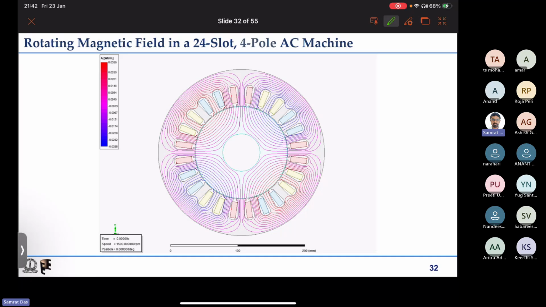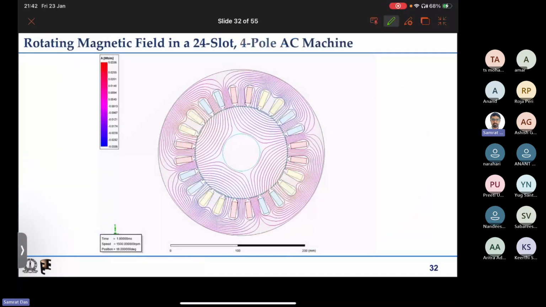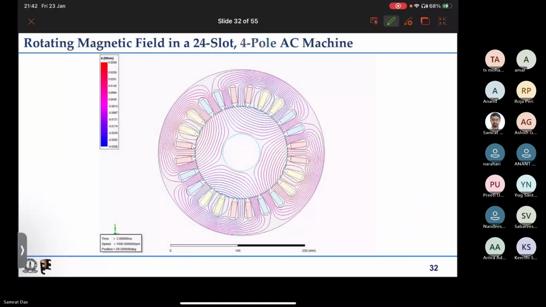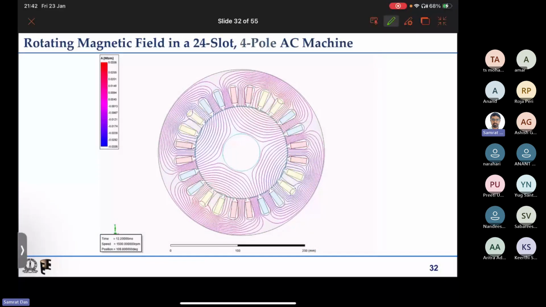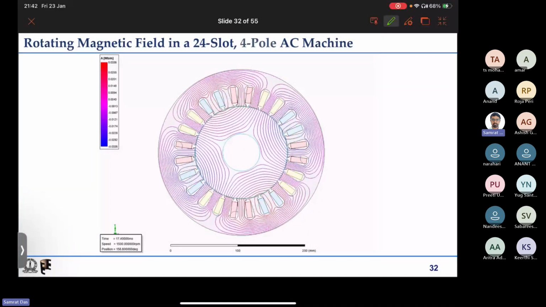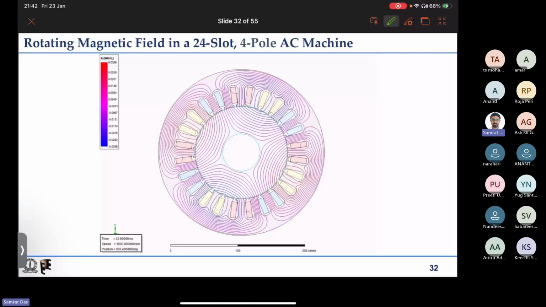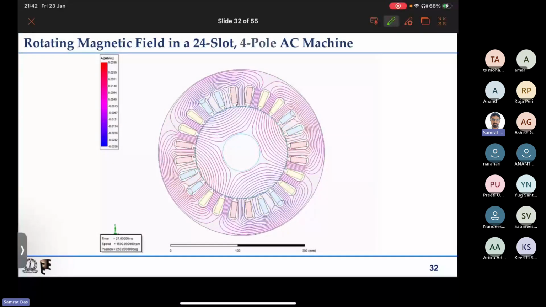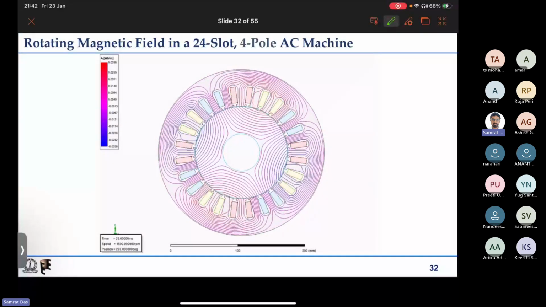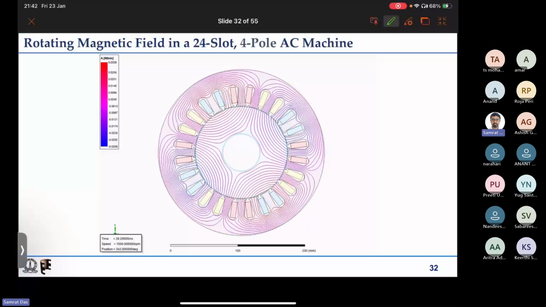So I'll simply run the animation. You can see that we have four poles, and that is rotating, and we have created a rotating magnetic field with four poles.